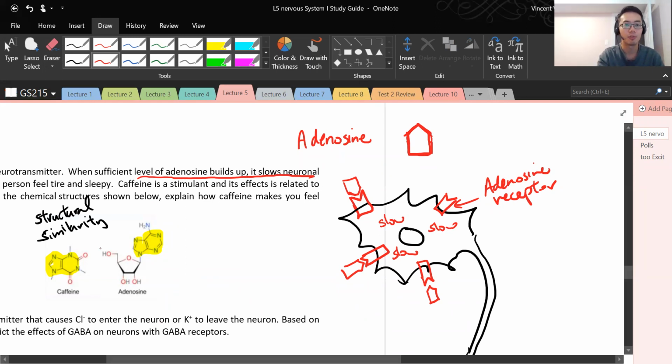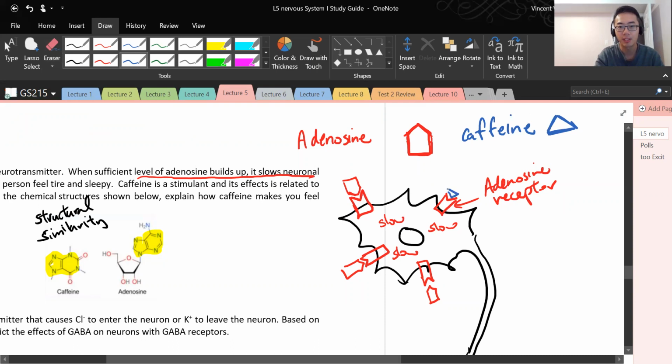Now, what happens if you drink coffee? Caffeine, right? So if you drink coffee, or Red Bull or whatever you drink, tea. So caffeine looks similar to adenosine. So I'm just going to draw a triangle. Okay? So if you flood your system with caffeine, then the caffeine will compete with the adenosine for the receptors, right?